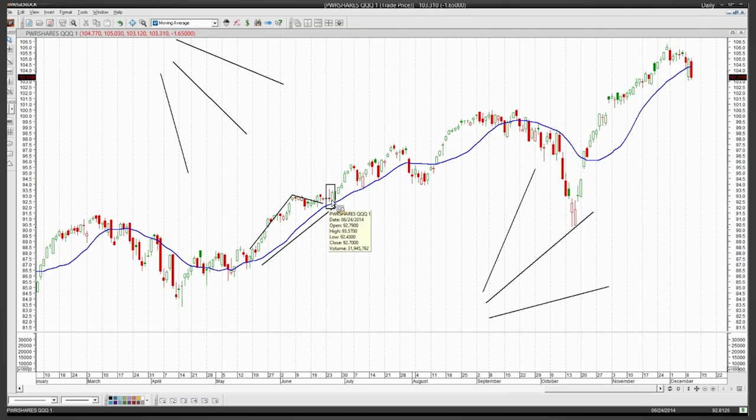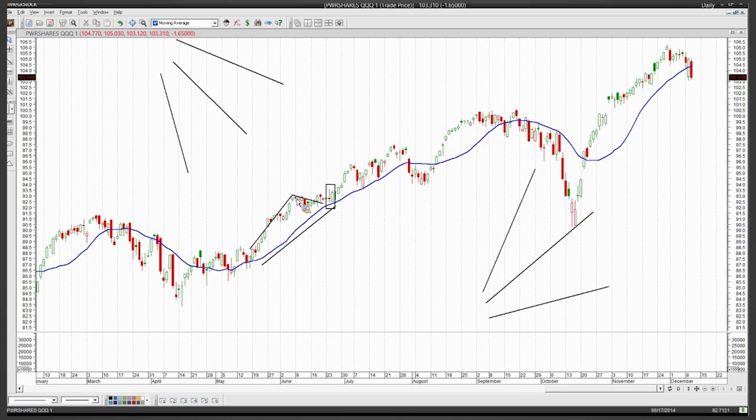The setup: there's a difference between the trade setup and the trade trigger. For the trade setup, all you want to look at is the bodies of the candles, not the wicks or the tails. When the body of the candle on the right completely engulfs the body of the candle to the left, that is an engulfing pattern.